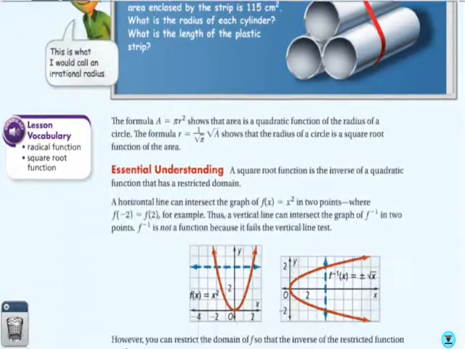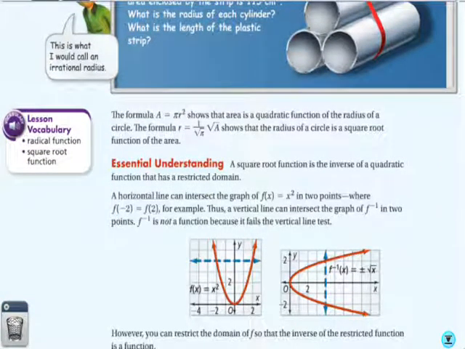So let's take a look here. A square root function is the inverse of a quadratic function, okay? It's the inverse, and then we're going to talk about a restricted domain. A horizontal line can intersect the graph of f of x equals x squared, you see this right here, in 2 points, where f of negative 2 equals f of 2. So, for example, we have this axis of symmetry, and that same horizontal line gives us the same y value.